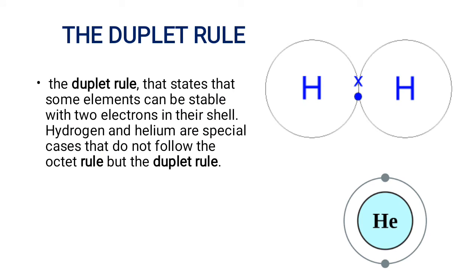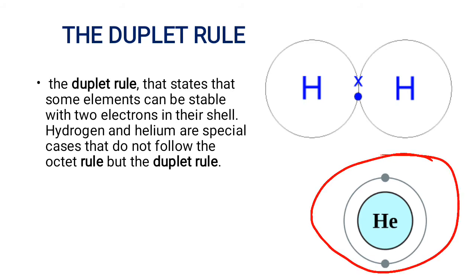Now we see, as the hydrogen atom has only 1 electron, it cannot have 8 electrons because the first shell can accommodate only 2 electrons, and the same is the case for helium. Helium is the noble gas. So helium, both of its electrons are present in the K shell.